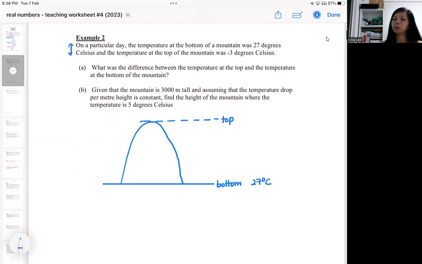That's a bit like our room temperature. But when you get to the top, it becomes -3 degrees. If you visualize, as you climb to the top, the temperature gets colder. That is the challenging part if you try to climb a mountain. The higher it is, the colder you get. That's why it's quite challenging when somebody climbs Mount Everest. It will take quite a bit of effort to get through the difference in the temperature. You must be able to see that the temperature decreases.